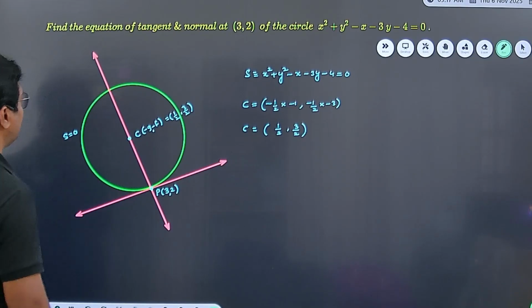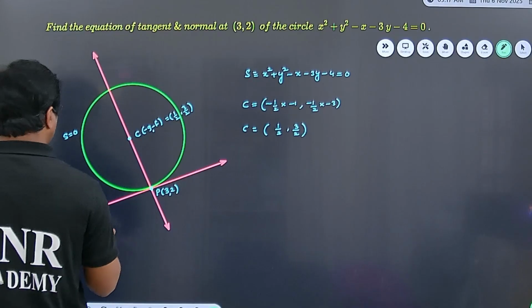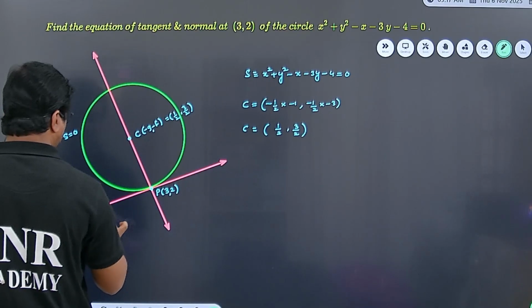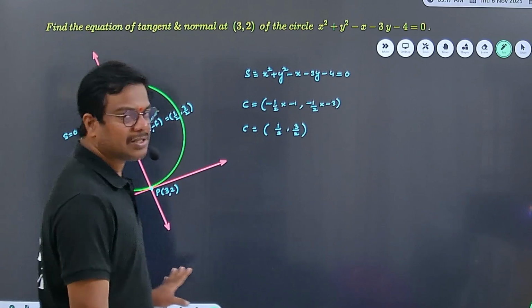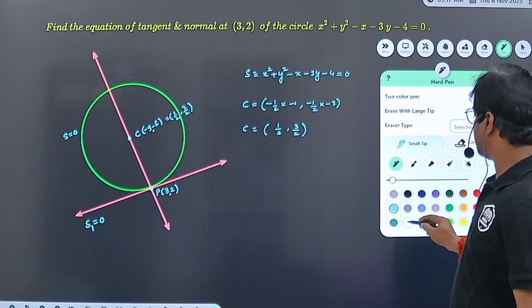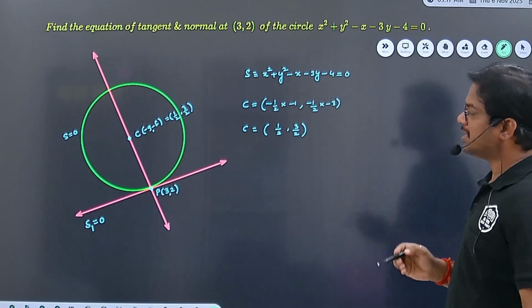Next, you know that when S equal 0 is given, point form of tangent is simply S1 equal to 0. So using S1 equal to 0, you can find tangent. Let us see how to find tangent first.